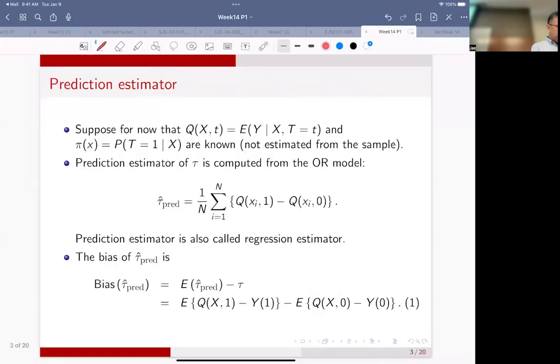For now, suppose the Q function is known and the pi function is known.